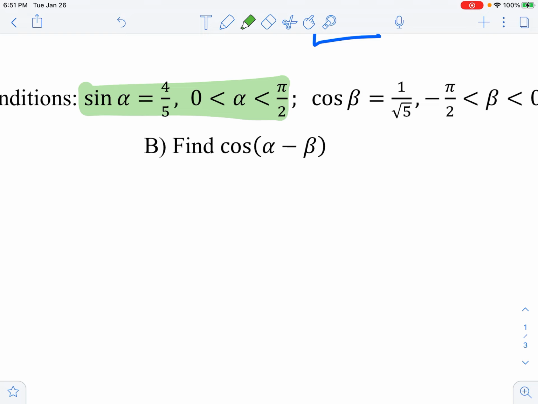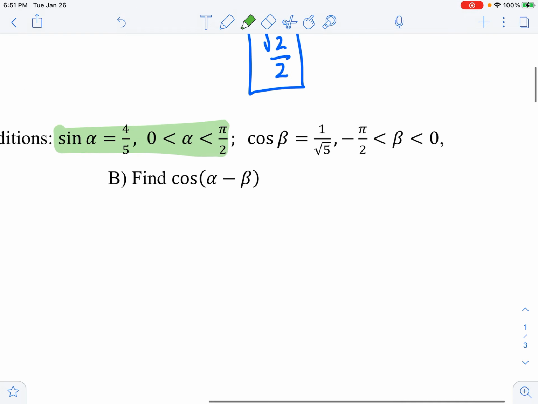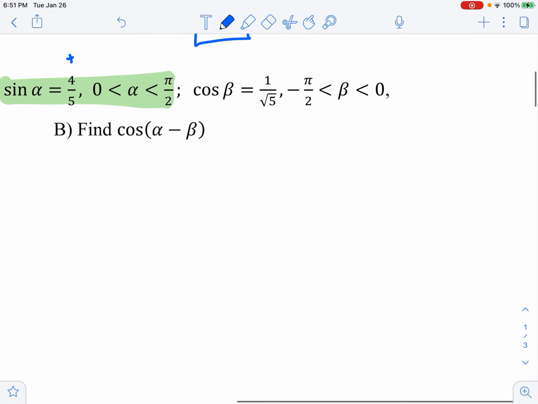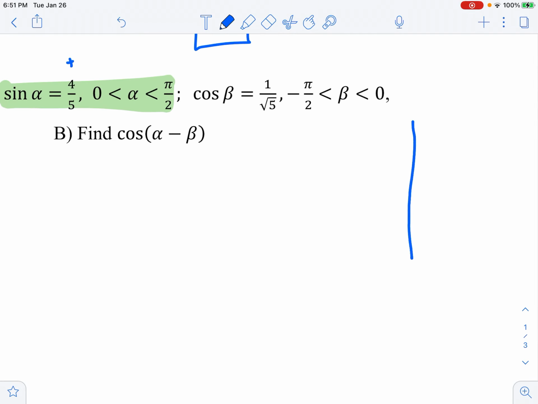So I'm going to start off by drawing this. This is alpha, right? So that's an angle. That's one angle. All right, so if you look here, sine is 4/5, which is positive. So I have to first ask myself, which two, and I'm going to draw my triangles off to the side here. Which two quadrants is sine positive in?